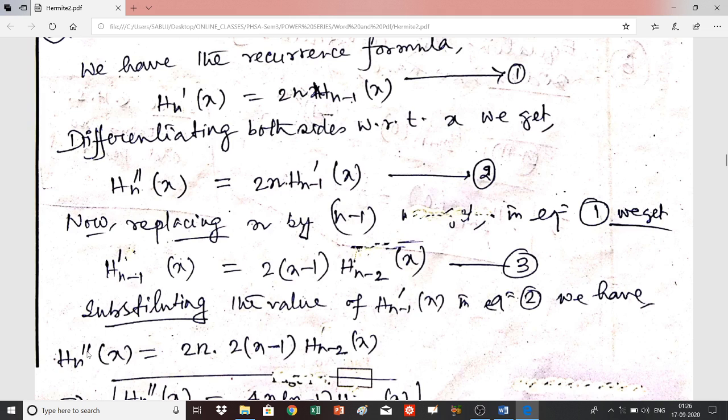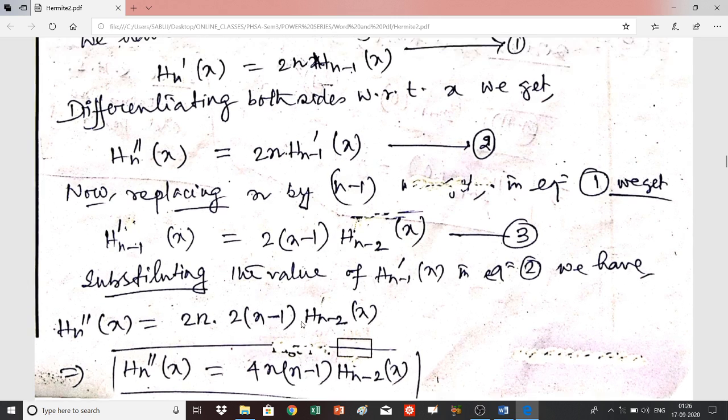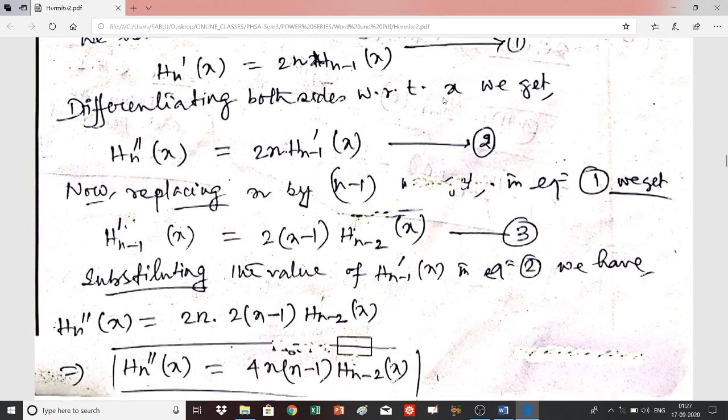You will then have h_n double prime x is equal to 2n times 2(n minus 1) h_{n-2} x, which gives h_n double prime x is equal to 4n(n minus 1) h_{n-2} x. So in this identity, you just omit the prime parameter that was written mistakenly. So it is proved in this case.